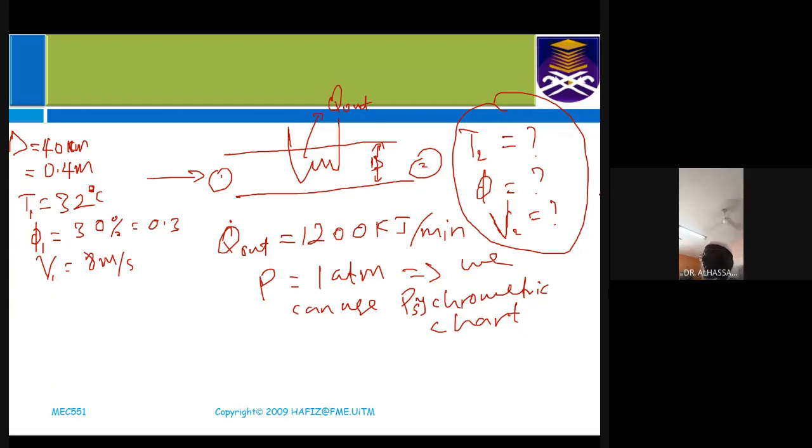For example, let's say for a cooling process, let us draw the schematic diagram of the psychrometric chart.